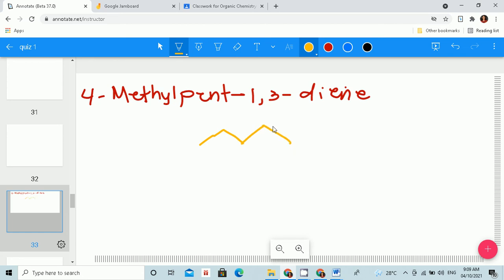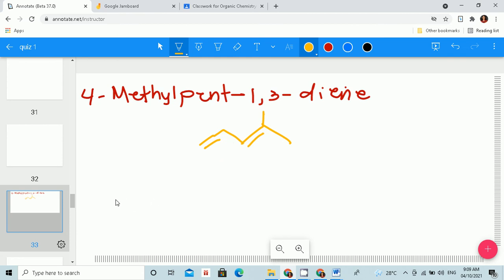And now in carbon 4, we have methyl. So we have this one. And in carbon 1 and 3, we have double bonds. So here it is. This is our 4-methyl pent-1,3-diene.